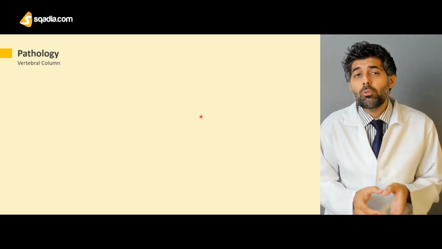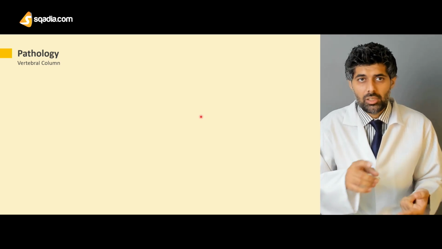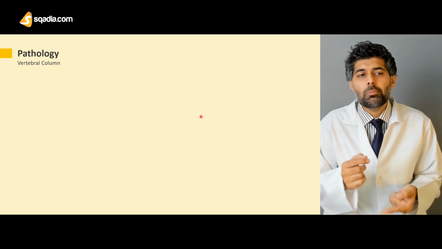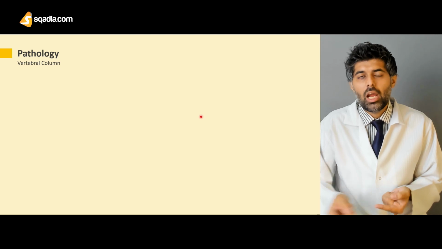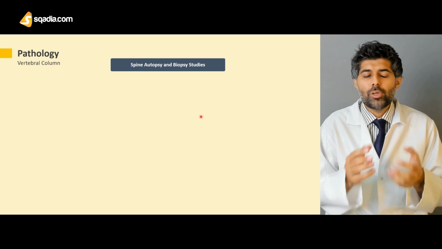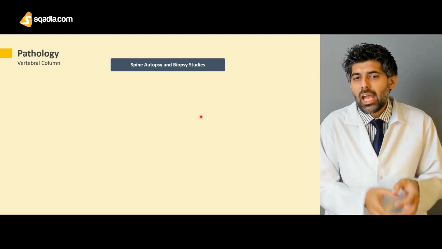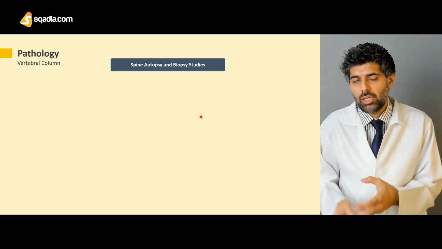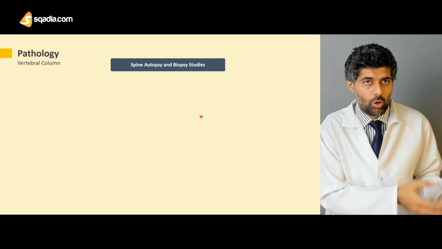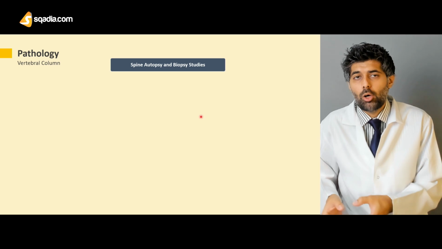But it might vary from patient to patient in its frequency, the site, and the number of vertebrae that take part in the fusion and the ossification. Now, we know all of this through spine autopsy and biopsy studies, where we have studied the vertebral column of patients who have passed away and also through biopsy studies.